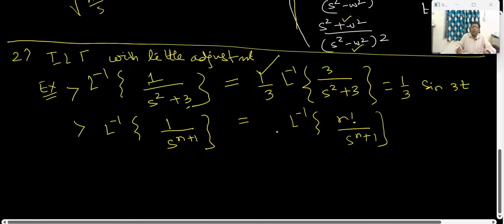Accordingly, we need to divide by factorial n here. Of course, here n is a positive integer. So this is equal to 1 by factorial n, t to the power n. So we can directly read from the formula table, however with a little bit of adjustment.